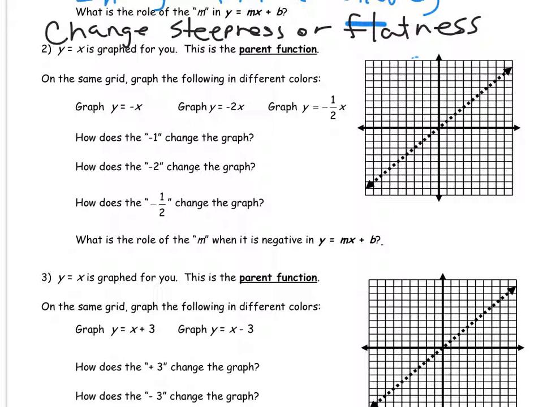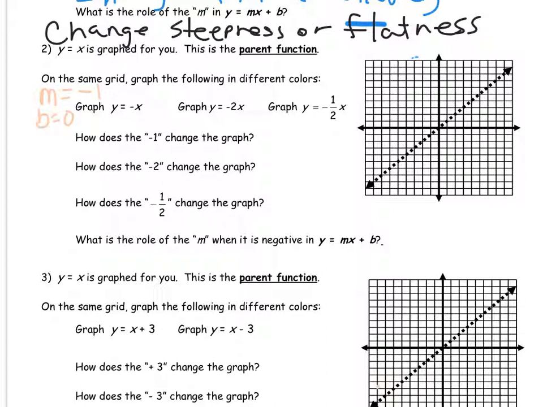The first line they're going to ask us to graph is y equals negative x. So I'm going to do that in a weird peach color. Okay, so y equals negative x. My M is going to be -1, and my B is 0.